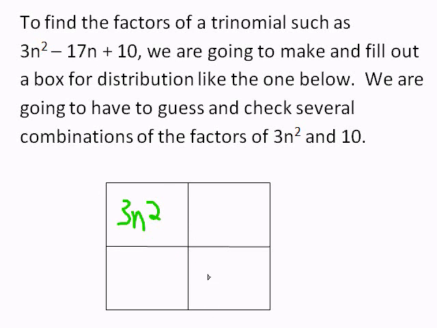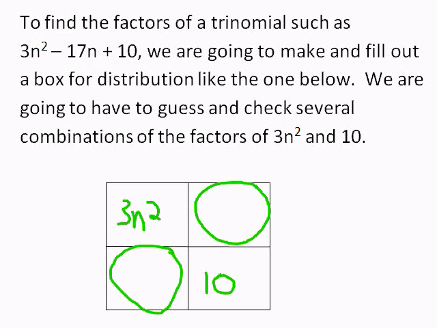Now the 10 showed up in our last box. Now our goal is to find two terms that multiply to 3n squared and two terms that multiply to 10, but will give us terms inside of these two boxes right here that will add up to negative 17n.